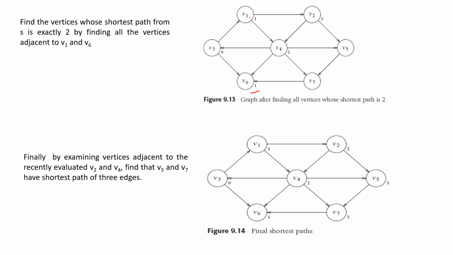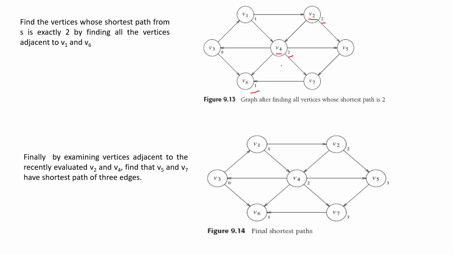When we come to V1, I have two options: I can go to V2 or I can go to V4. I can reach V2 in 2 units and V4 in 2 units, because 1 unit from V3 to V1 and a second unit from V1 to V4, and again 1 unit from V3 to V1, second unit from V1 to V2.